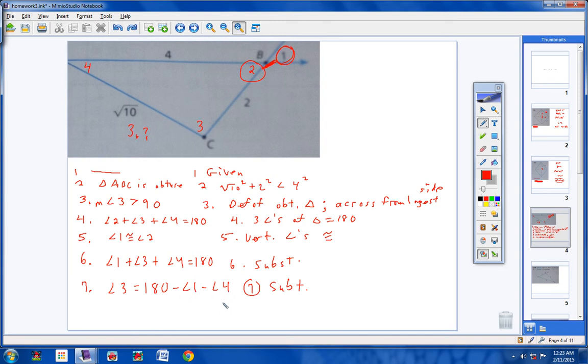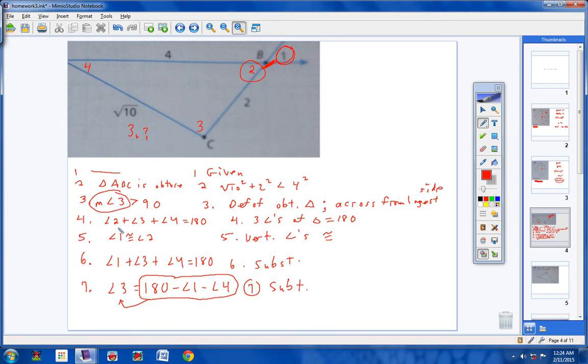Now, students, look carefully what I can substitute here. I have all of this right here equals what angle? Angle 3. So why could I not pick that up and put it right here for angle 3?